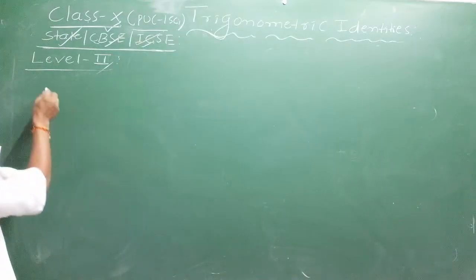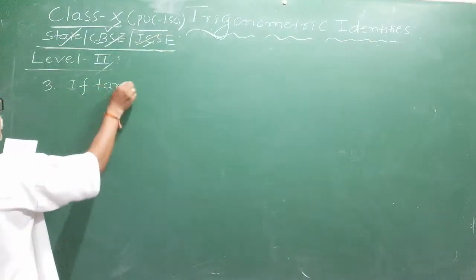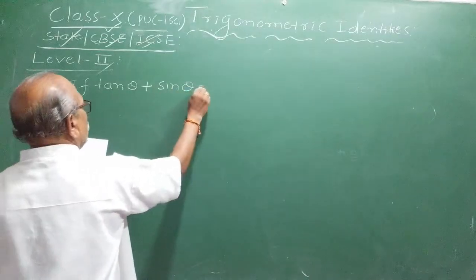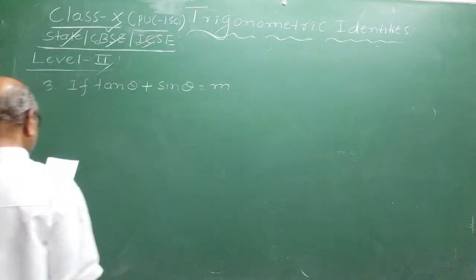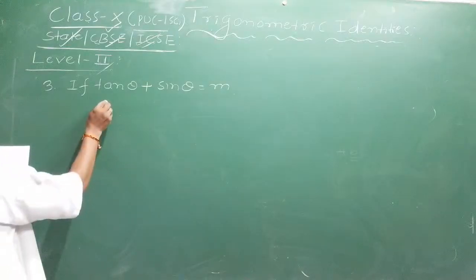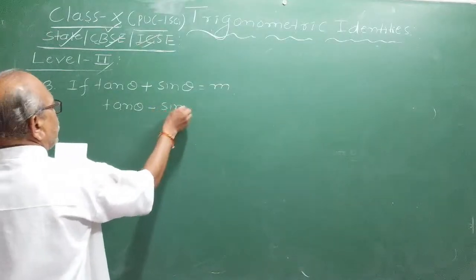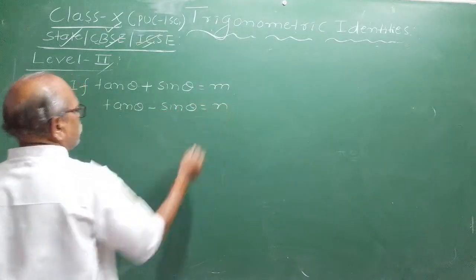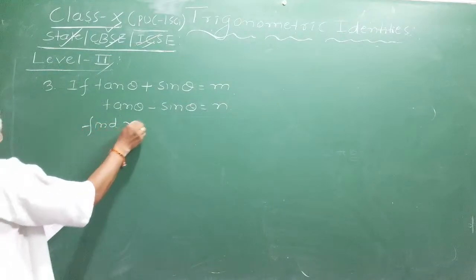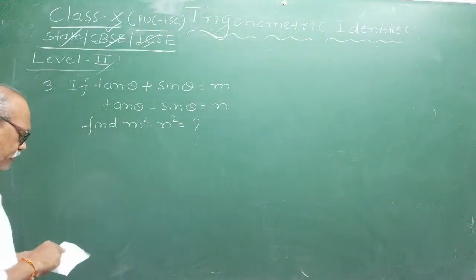Take this problem, number 3. If tan theta plus sin theta is equal to m, tan theta minus sin theta is equal to n, find m square minus n square value is equal to question mark.